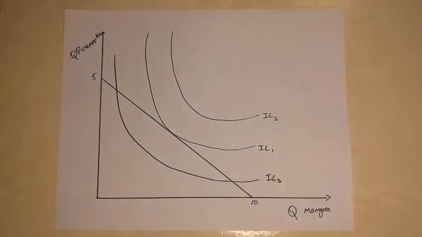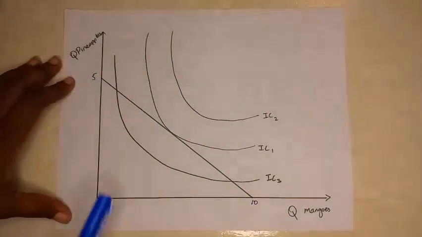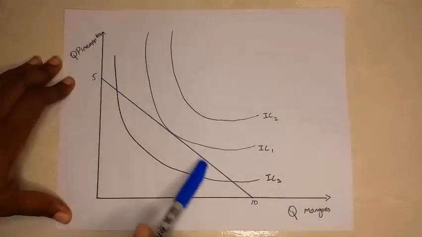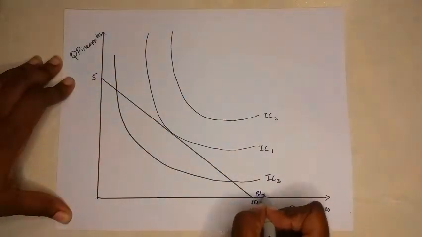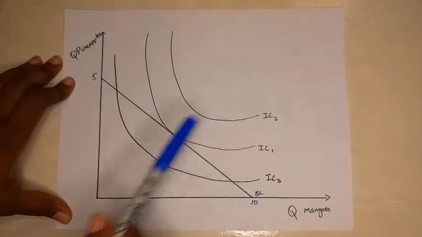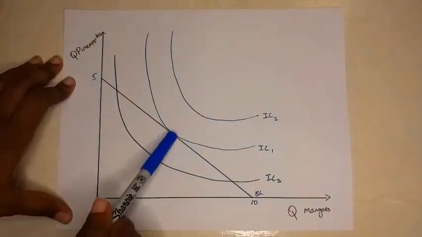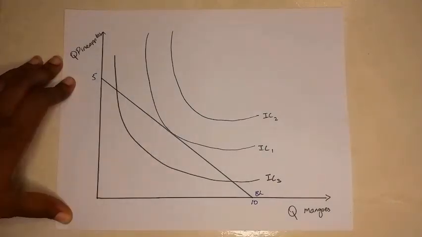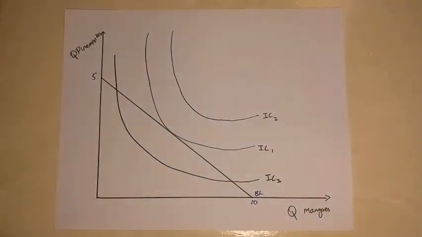Where we would have consumer equilibrium would be where our budget line, let me put BL here, is tangential to the IC curve. So wherever our budget line is just touching the IC curve, that is where consumer equilibrium would occur.